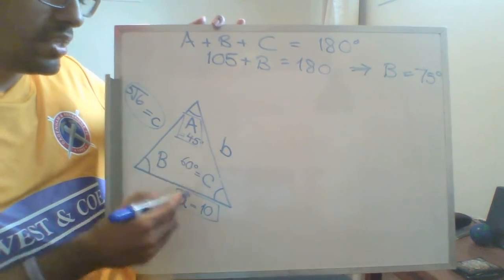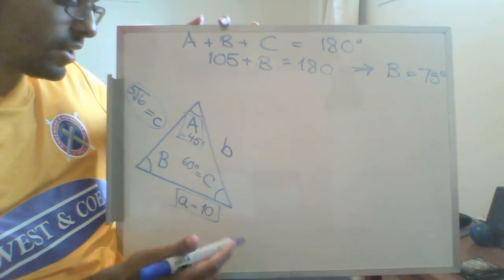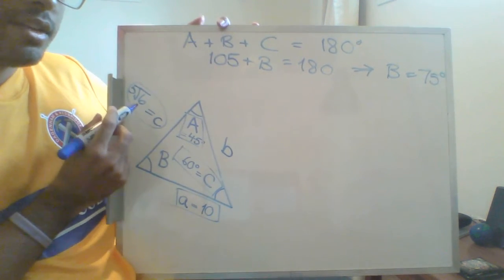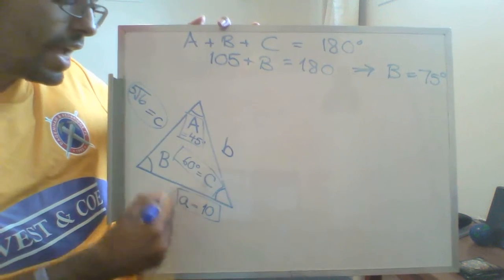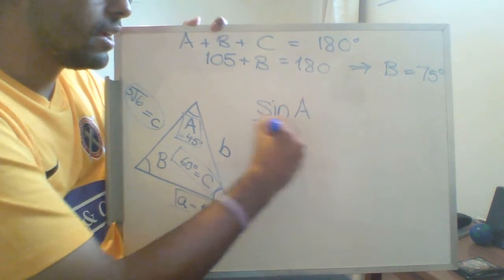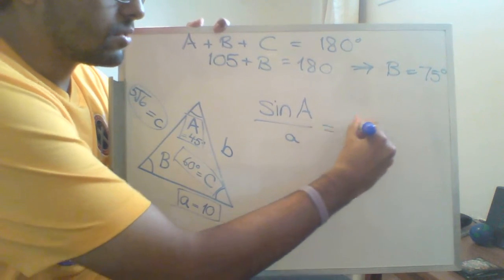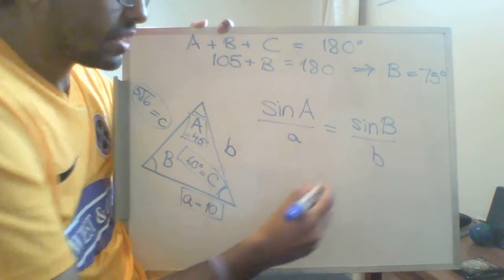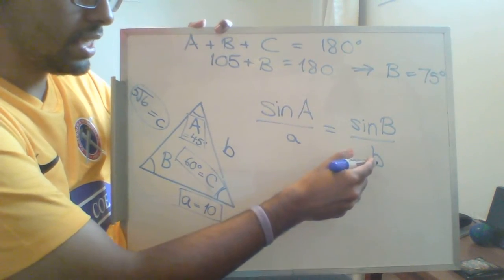You need both pieces of information, the angle and the side. You were given angle C, but you had to figure out side C. So I would go with using angle A and side A because you were given both of those quantities. So you'd have sine A over A is equal to sine B over B, and we're trying to find out what little b is.